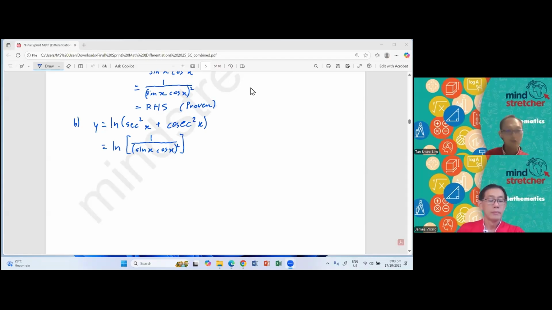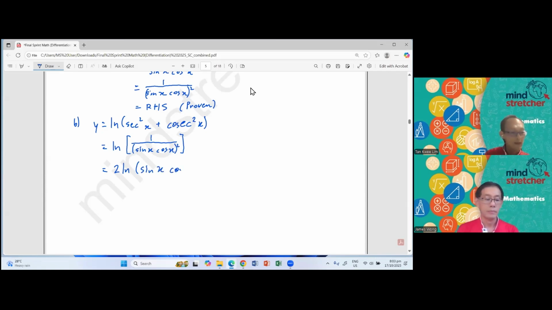For this kind of situation, we can rewrite this as ln of (sine x cosine x) to the power of -2, because it is 1 over this whole thing squared. So we can rewrite it as -2 ln (sine x cosine x).